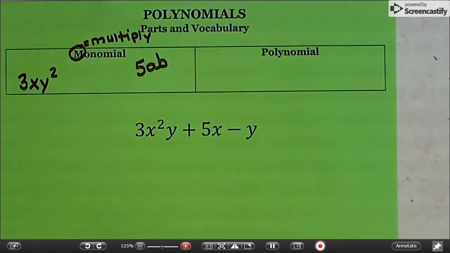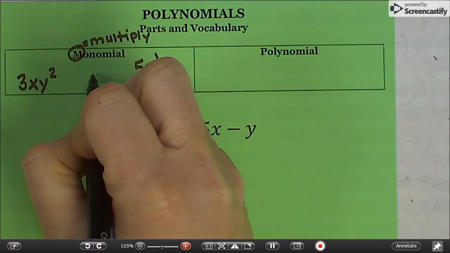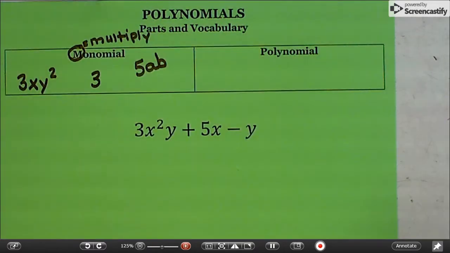All right, so all monomials are just made up of multiplication. You could also have even just the number 3 is a monomial. It's just one thing. You can pretend it's multiplied by 1 a million times.